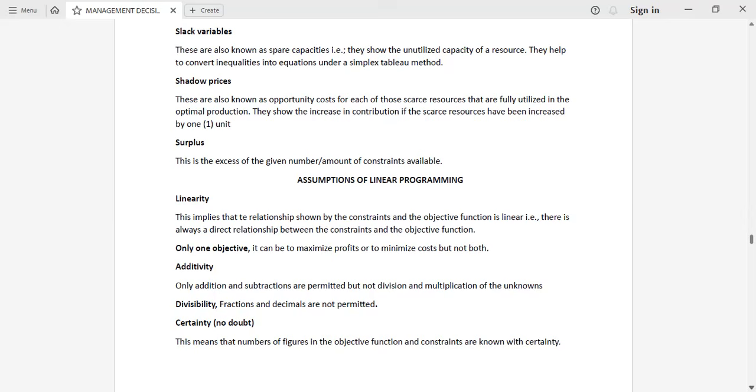But to produce the output to sell, you need labor. And that labor, or the employees that we need, become a direct resource that you can use to maximize profit.